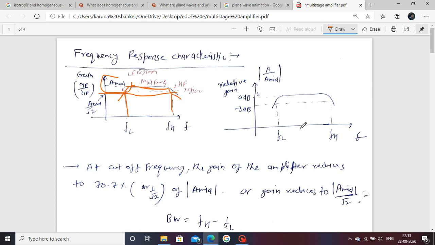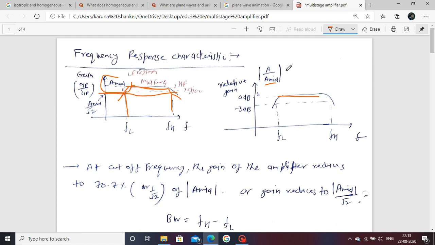In a similar way, this also explains frequency versus relative gain. Relative gain means the maximum gain is in this constant mid frequency region, represented by A mid, and any value of gain is divided by this value, A upon A mid.